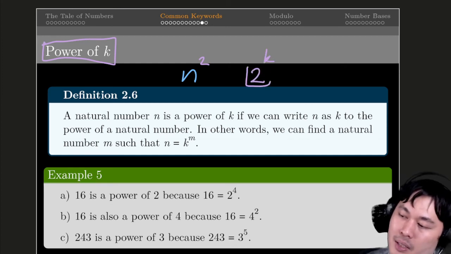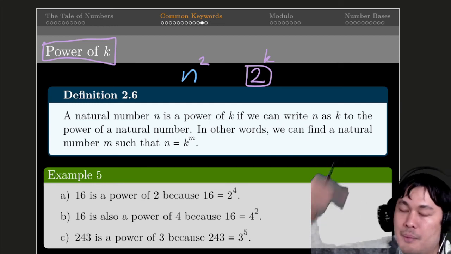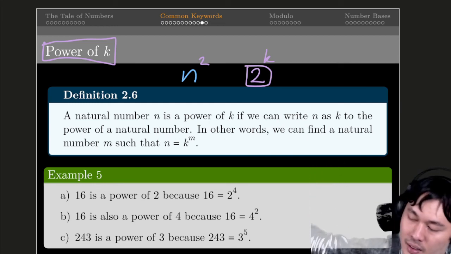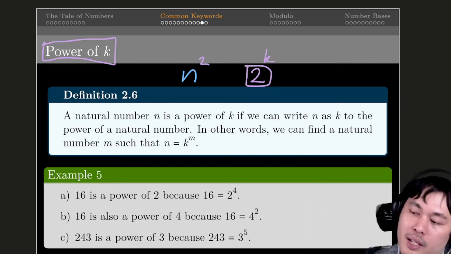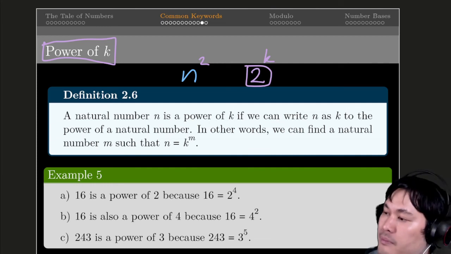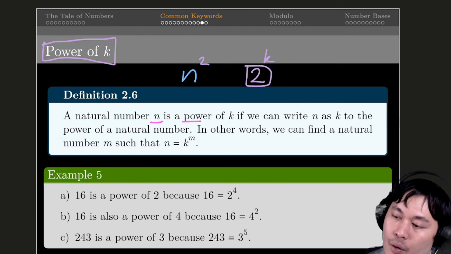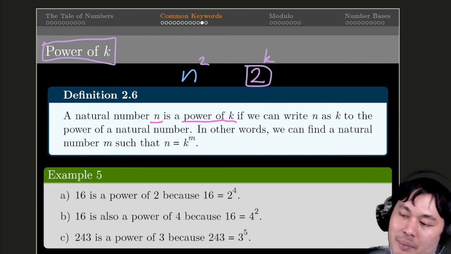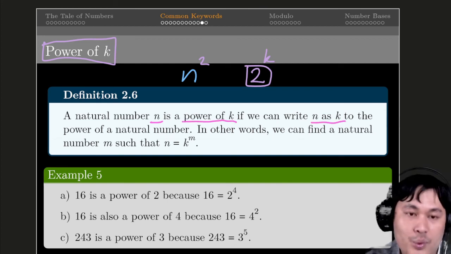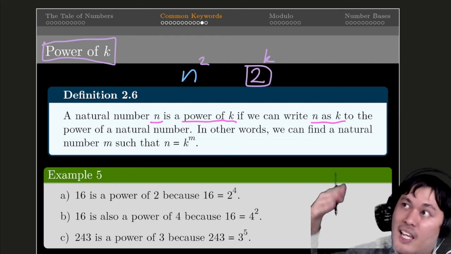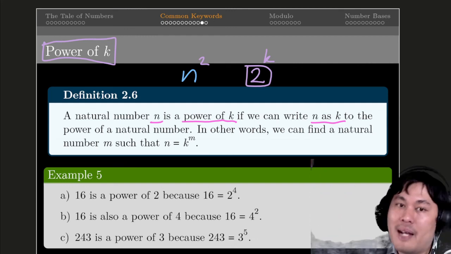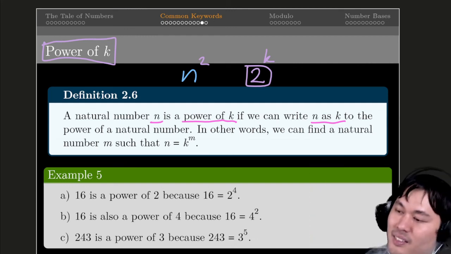You are given a number at the bottom, at the base, and then the power is any other number. So for this definition, n is a power of k. It means we can write n as k to some power.